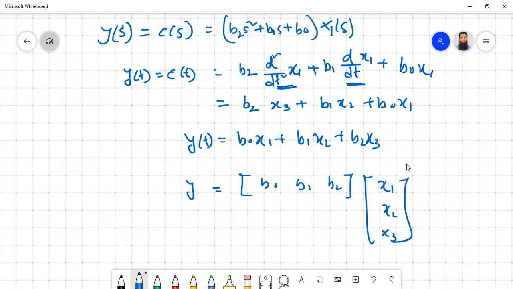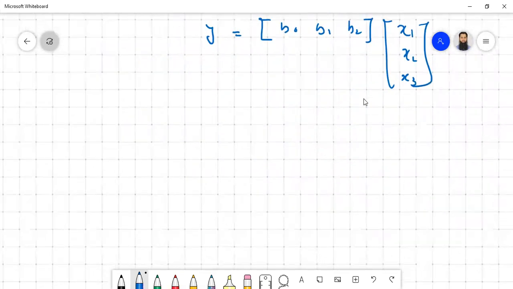Okay, so let us look at the example now. Example 3.5, basically an extension of your example 3.4.